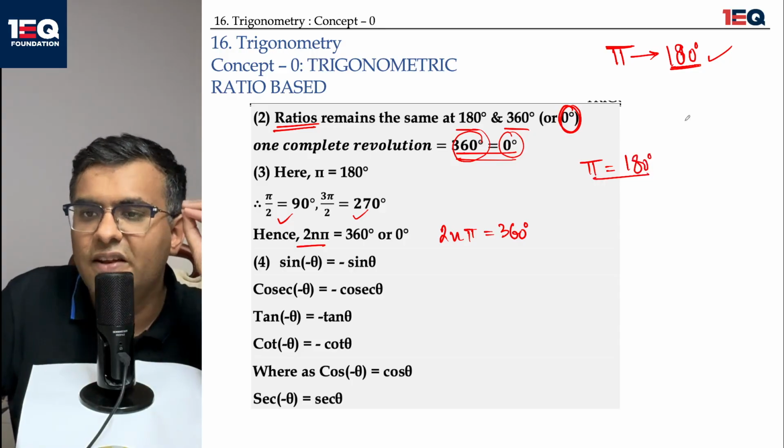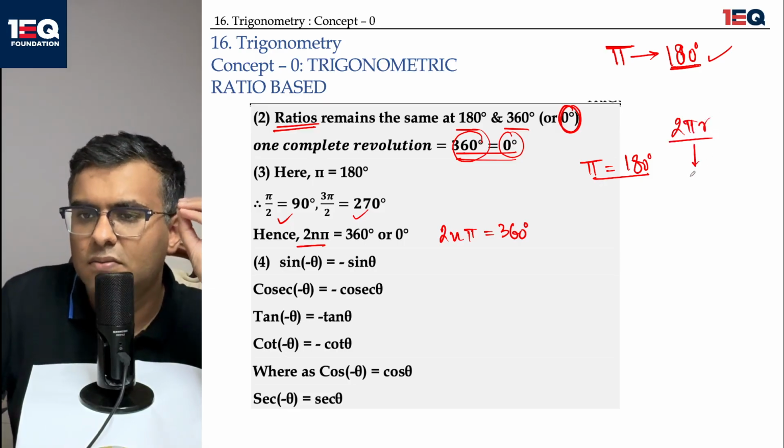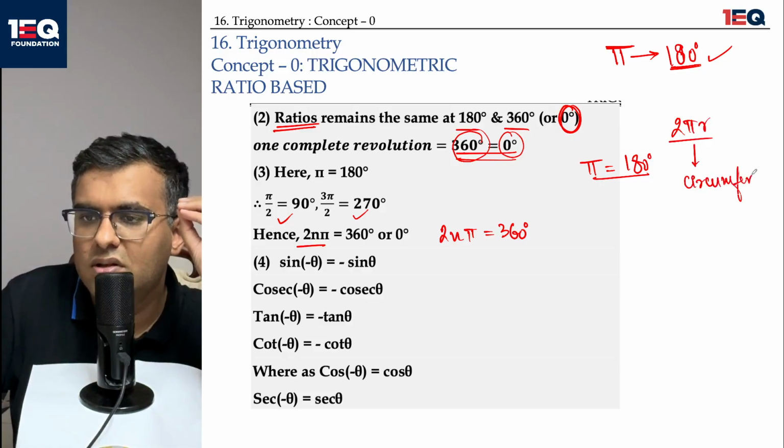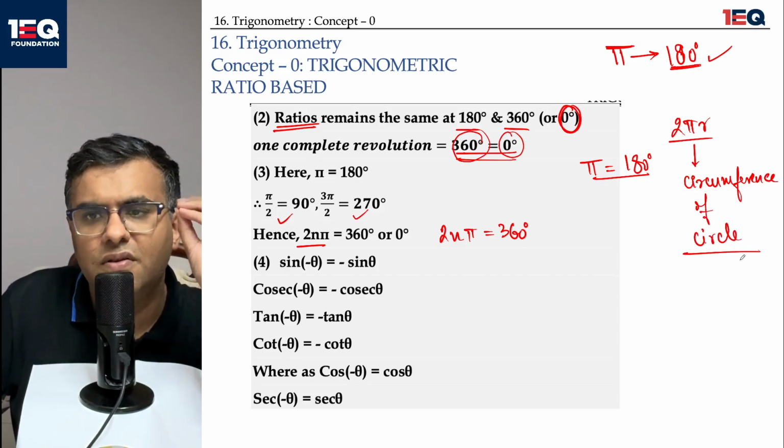Okay, when we say 2 pi r, that means this is the circumference of a circle.